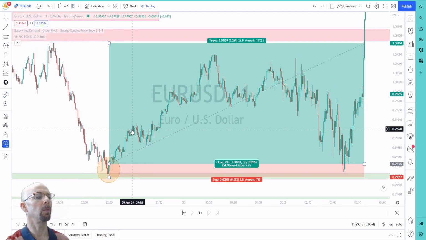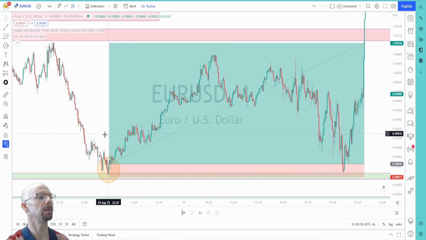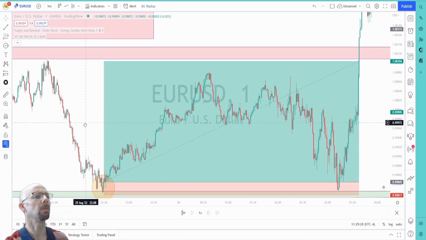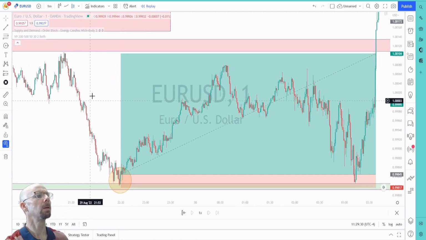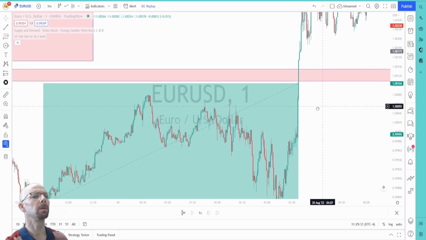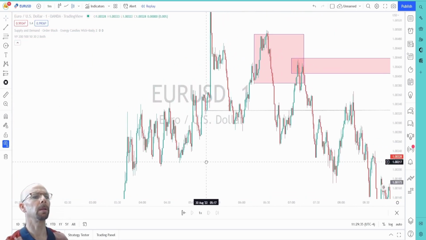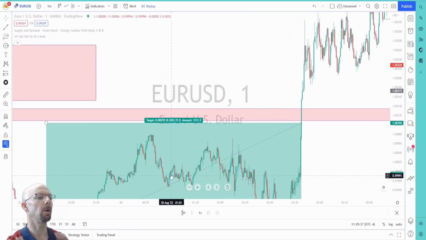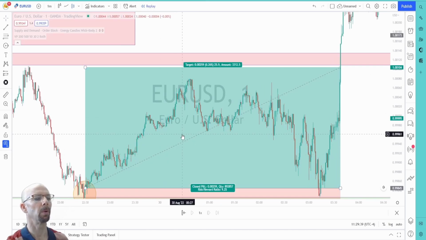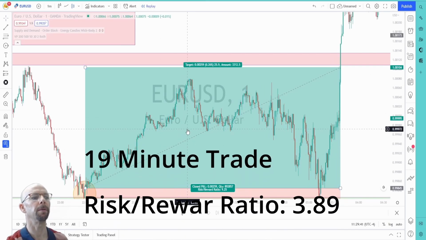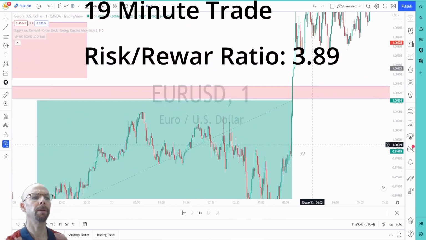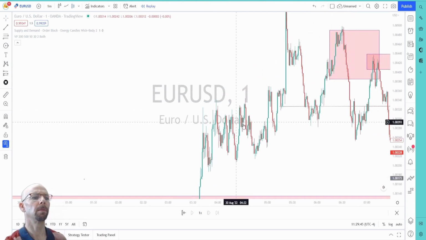I wouldn't have caught this trade myself because, well, actually, I might have gotten in on it, but I would have been asleep for most of this. And then when we take a look here, what was the risk to reward on this one? 9.25. So not bad. Not bad.